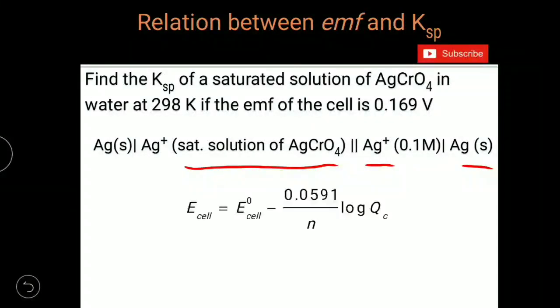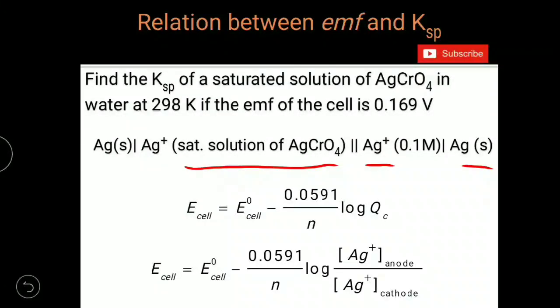As per the Nernst equation, the formula we can use to find out the EMF of the cell is E cell is equal to E naught cell minus 0.0591 by n log Qc. And how will you get Qc? Silver ion concentration at anode by silver ion concentration at cathode will be equal to Qc.